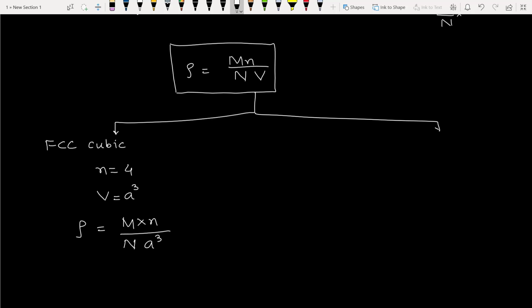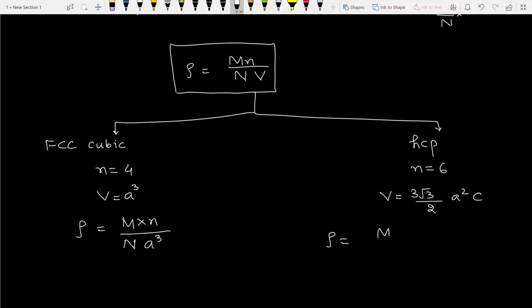And for HCP structures, small n is 6, and we have derived the formula for volume in the previous article. For an HCP structure, it is 3 root 3 divided by 2 a square c. Here a is the edge length and c is the vertical height of the hexagonal closed pack structure.